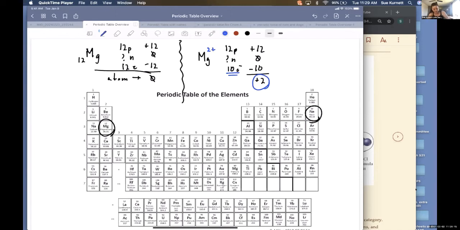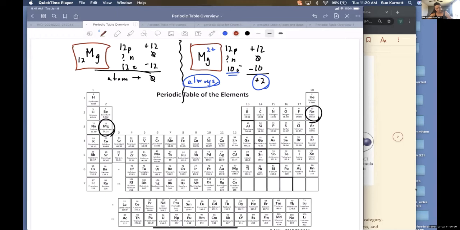Magnesium ion always has a +2 charge. So here we have magnesium, the element, 1 atom at a time. And here we have magnesium ion. The only difference in their name is adding the word ion. And that's how it is for cations typically.